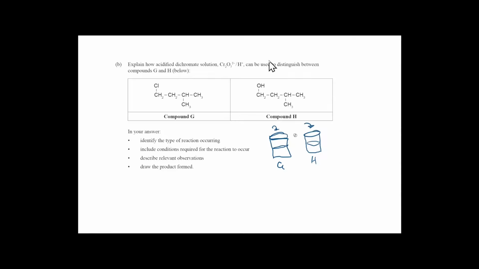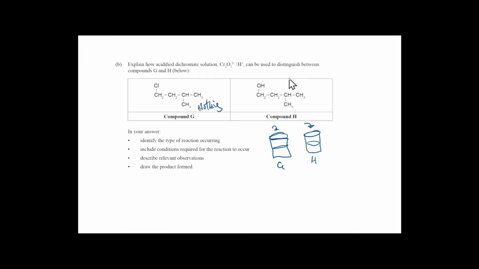What is going to happen? Well, what's going to happen with G is nothing much anyway. It's going to stay the same color and you're not going to be able to notice it.